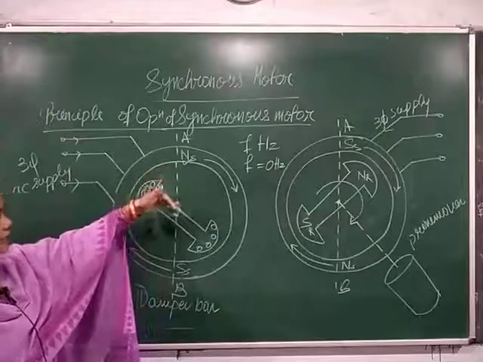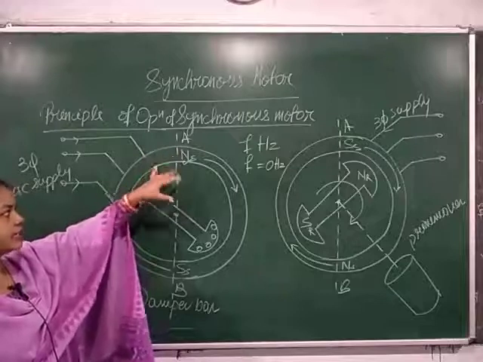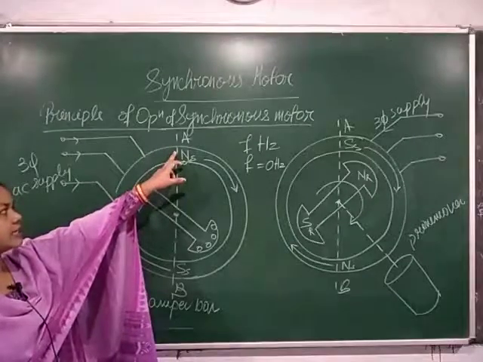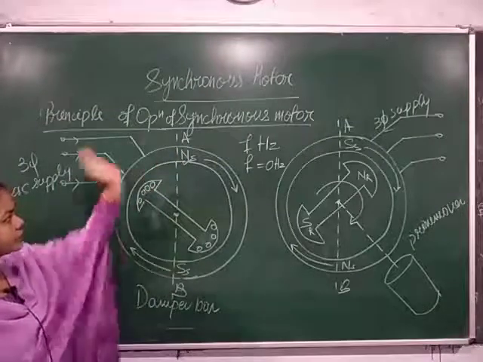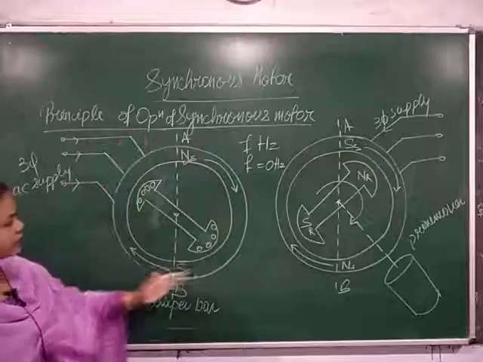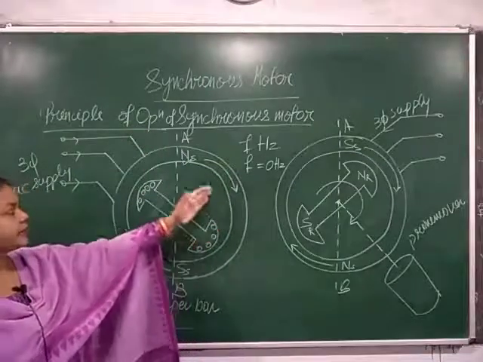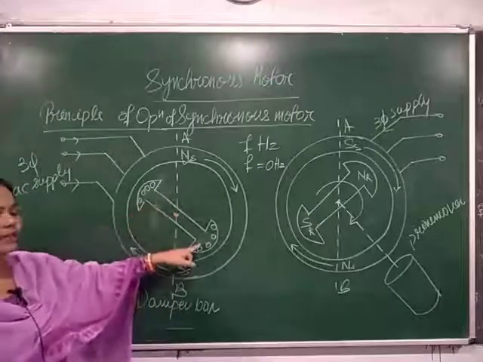Suppose, as in the case of a synchronous machine, the same number of stator and rotor poles are there. Let this one act as a north pole, this one act as a south pole, and they rotate synchronously in this stator. And it induces current in the damper winding.